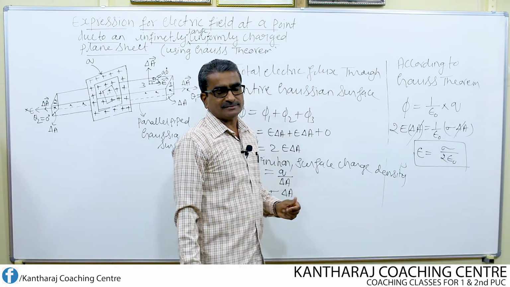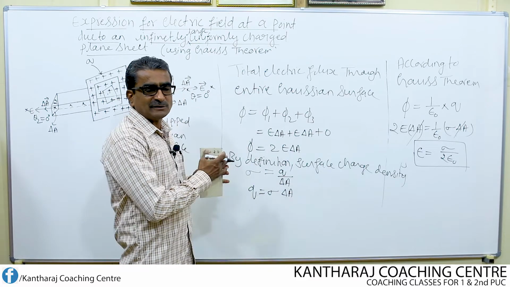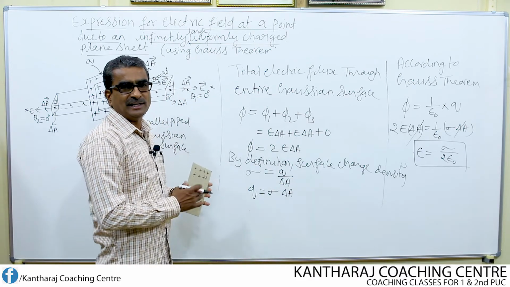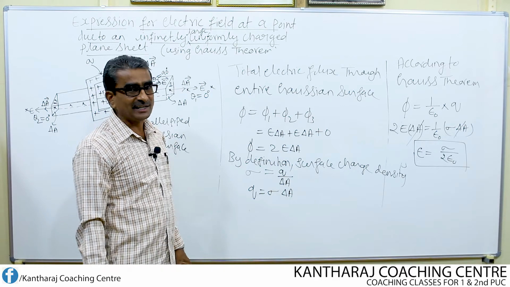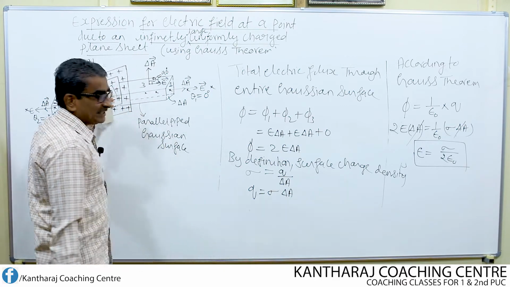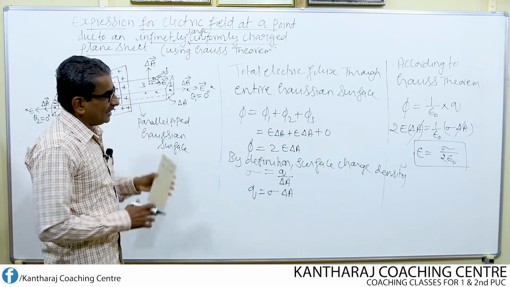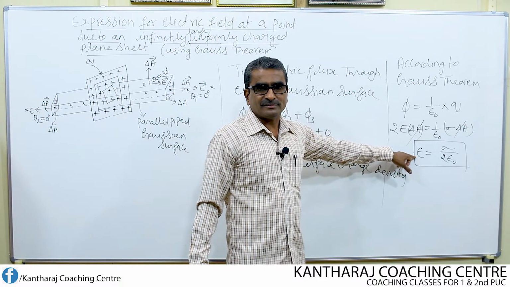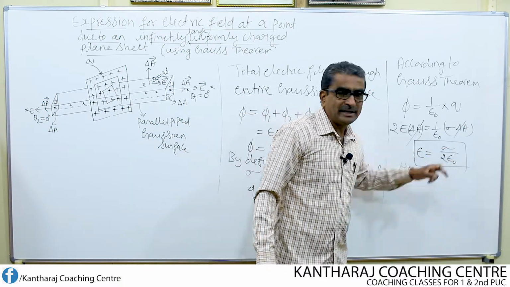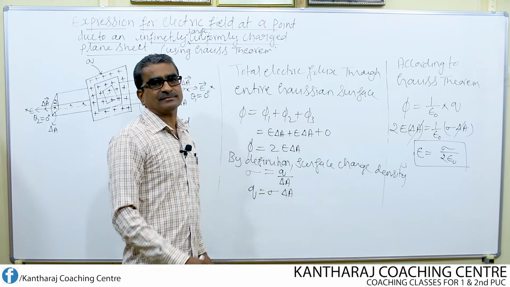You may wonder here, because we know that as we move away from a charge, the magnitude of electric field goes on decreasing. But in the case of a charged sheet, according to this final equation, E is not depending on the distance.